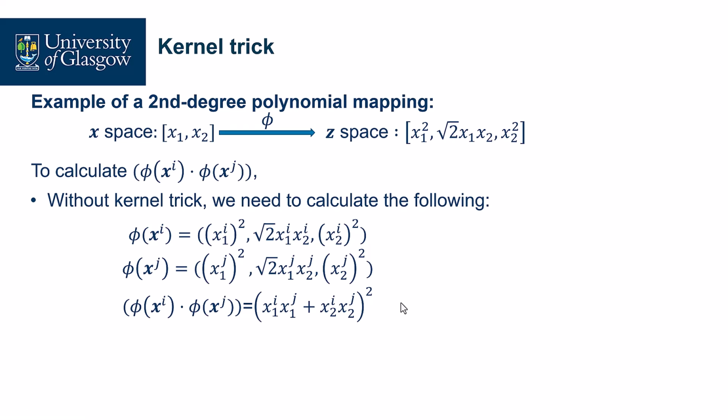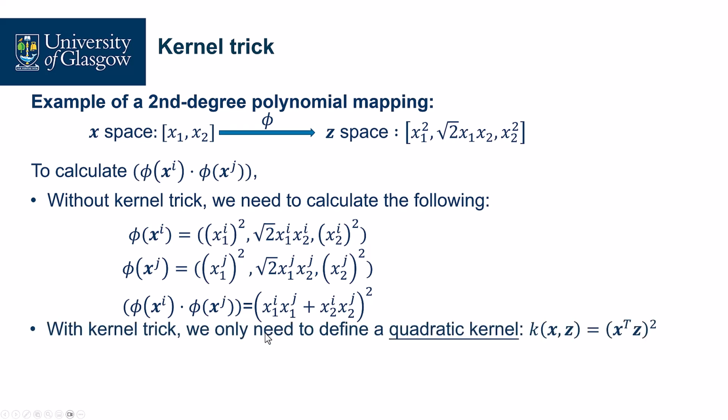Now I define a kernel function, which we call a quadratic kernel. This function takes two vector inputs, x and z, and the result is x transpose multiplied by z, squared.